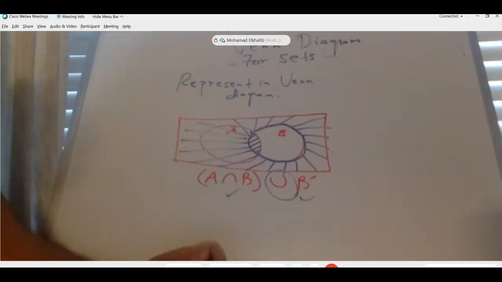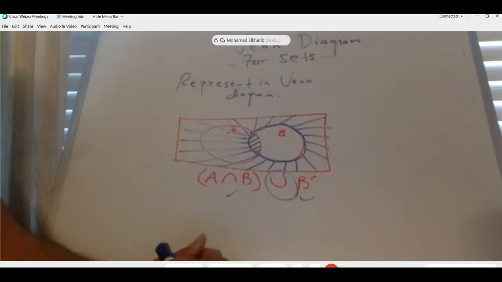Did you write it down, class? Are we good so far? Could you please repeat again? From the beginning or just the second part? Second part. Okay, for the intersection, you only take the overlap part.